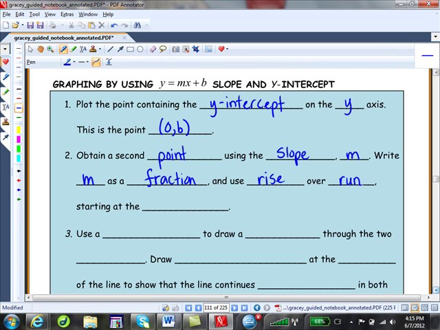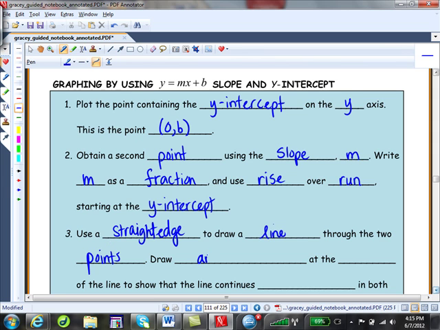All right? So again, as I said, you start at the y-intercept. Use a straight edge to draw a line through the 2 points.